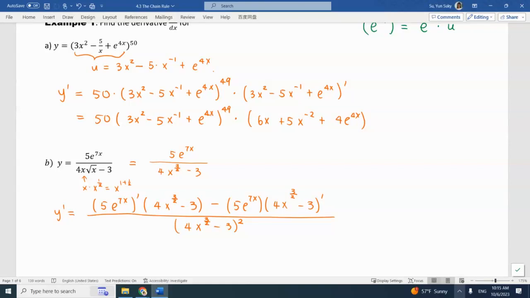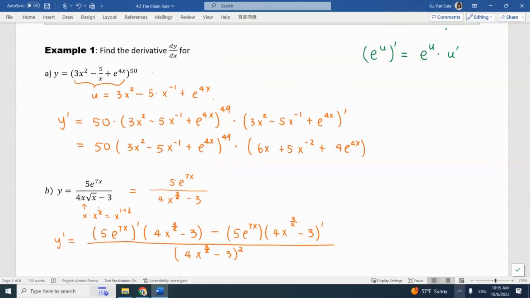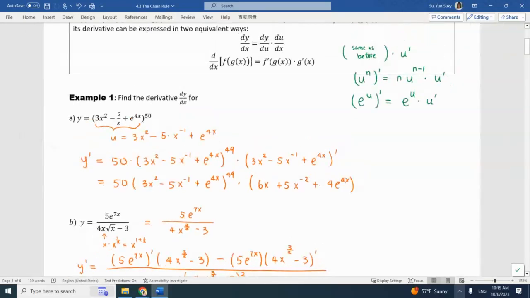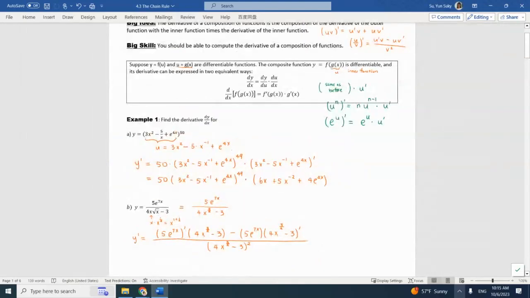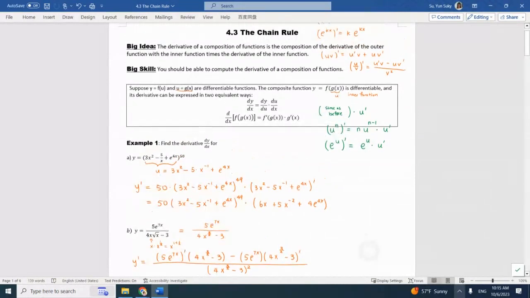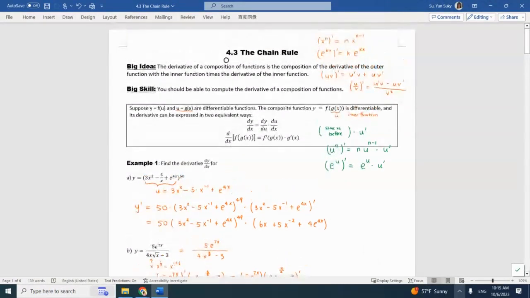Is everybody okay with the quotient rule? Like, should I tell you what rule it is here? This is a quotient rule. This is a product rule. So be familiar with all the rules we learned. Okay, everybody? It's actually 4 rules. But then today, the chain rule is you multiply by u prime at the end. Okay?